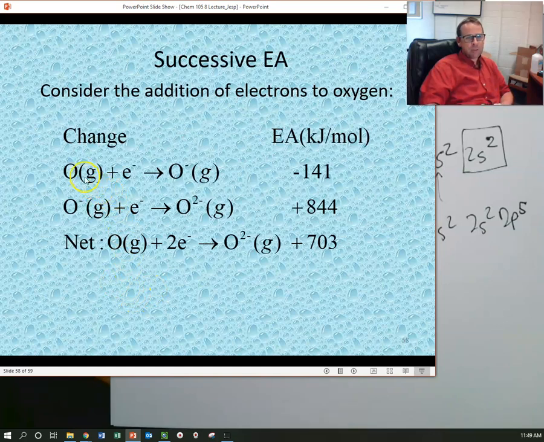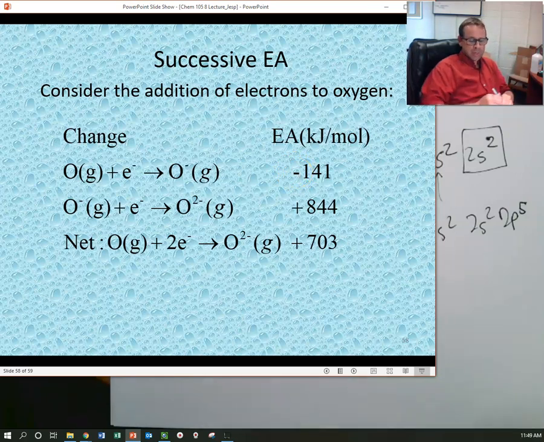So, for example, here's oxygen, gets an electron, forms this, negative 141. Do you remember that chance? What does the negative mean in the negative 141? That the initial was more than the after energy.